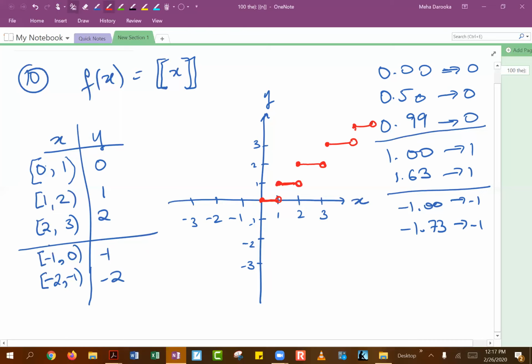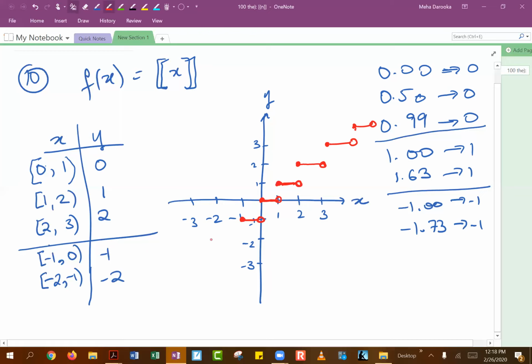Now the same thing is going to happen on the left-hand side when we go from -1 to 0. That's this interval, but we're actually at -1, so you're going to be right here at -1. Again, the left-hand side has the closed circle, the right-hand side has the open circle.